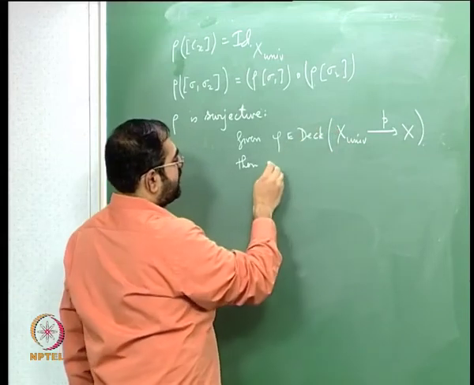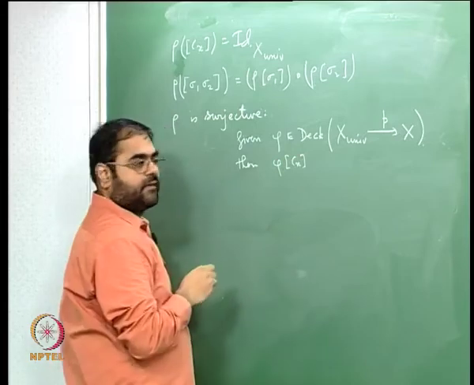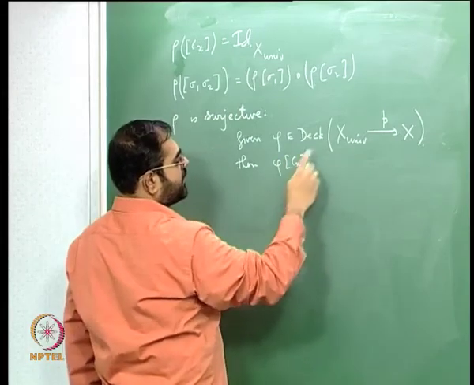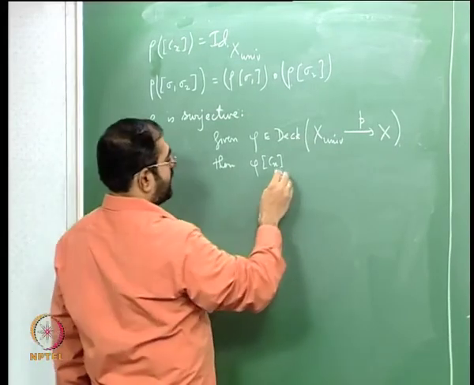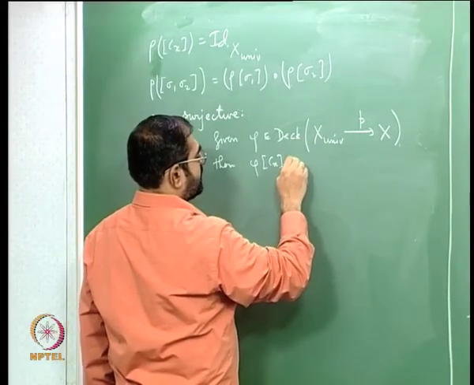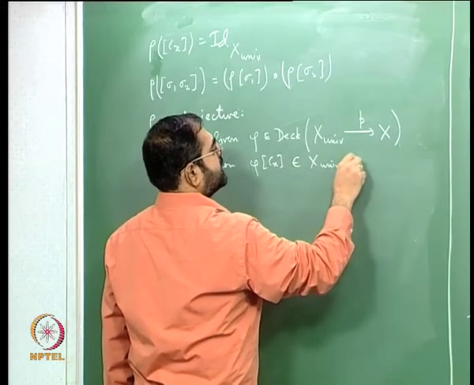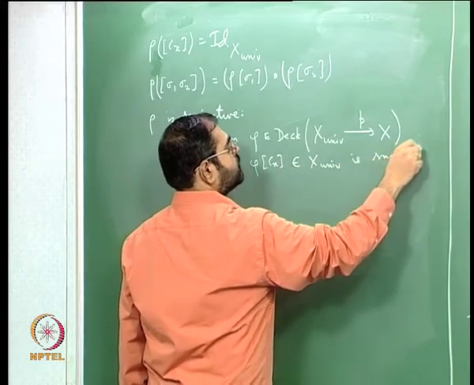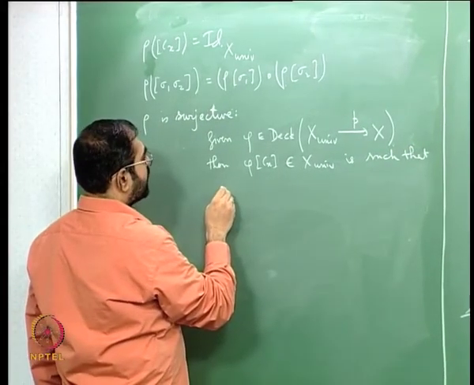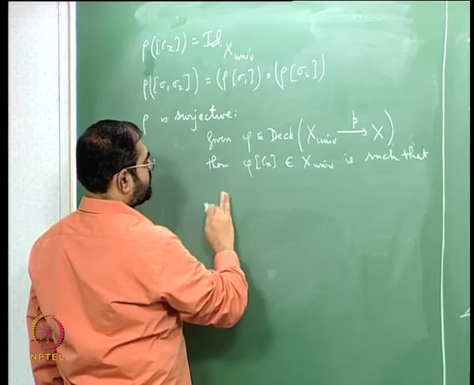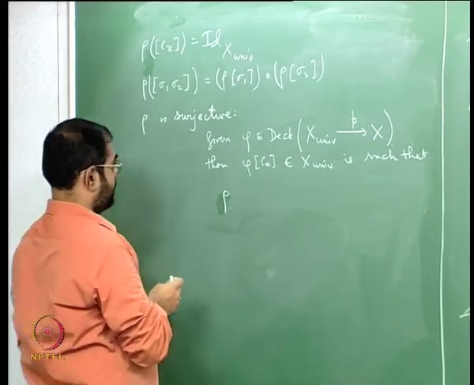So phi of Cx is going to be a point of X sub univ.